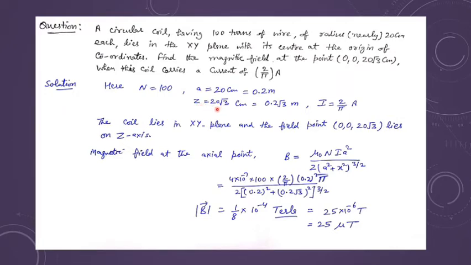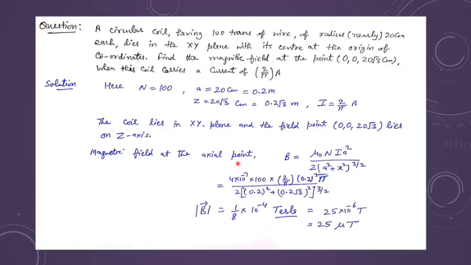Because we assumed the coil in the yz plane and the point was taken on the x-axis, here they have taken the coil in the xy plane and the point on the z-axis. You should be able to understand this by reading the question. You can convert this distance also into meters, which comes out to be 0.2√3 meter. The current is also given, so you can find the magnetic field at the axial point.